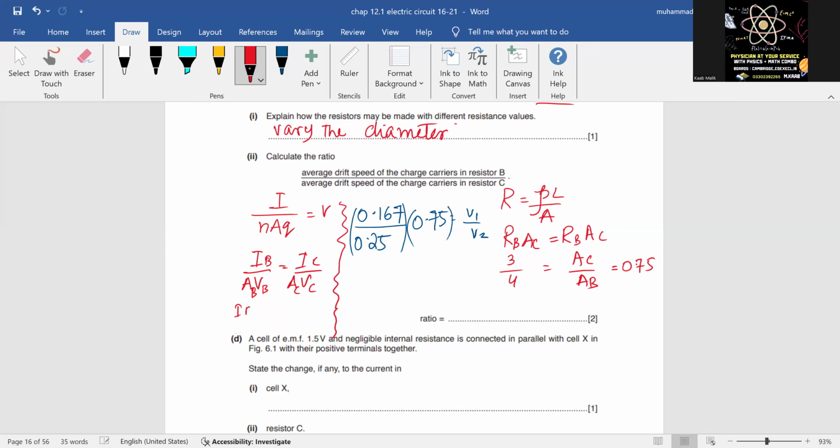So IB over AB, or IB over IC times AB multiplied by AC, right? AC. Perfect. And this will be equal to VB over VC, right?